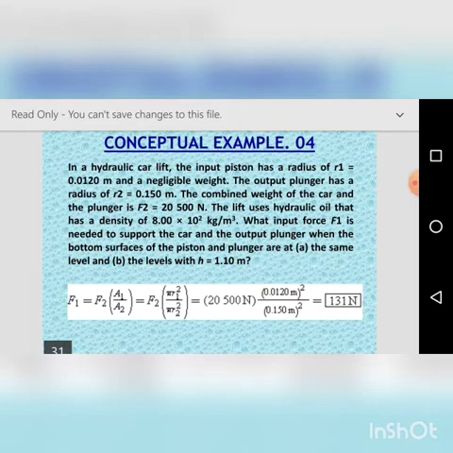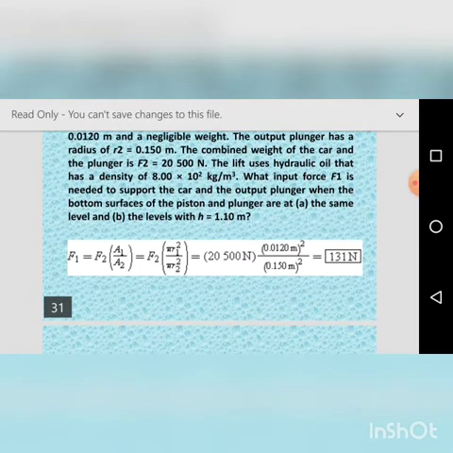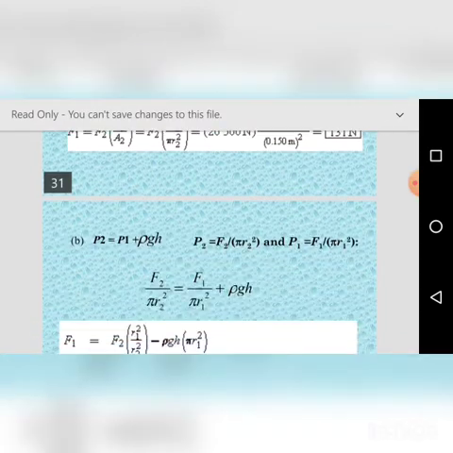B part, the levels differ with H equal to 1.1 meter. So use the formula which we have just now seen. F1 is F2 into A1 by A2. Radius being given, area of cross section is pi R1 square, pi R2 square, and you get the force as 131 Newton to lift a load of 20,500 Newton.